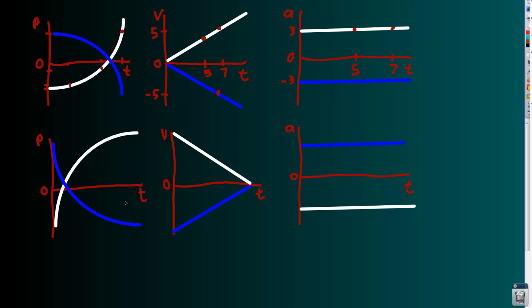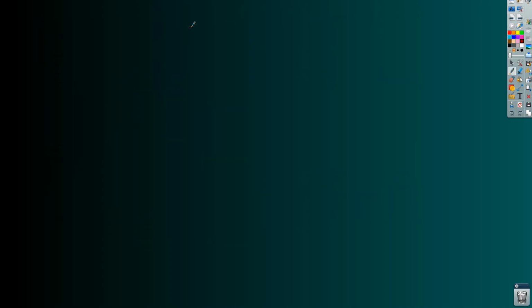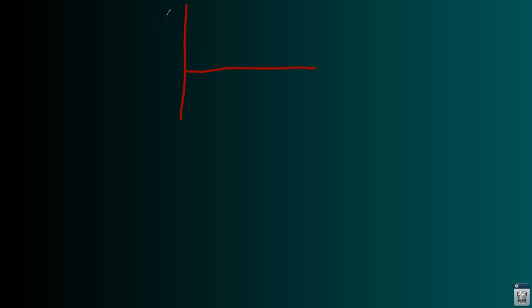And so I mentioned earlier I wanted to show you how graphically you can come up with the second kinematics equation. Let me show you that now because it's really cool. In showing you this, I'm just going to draw a velocity graph.